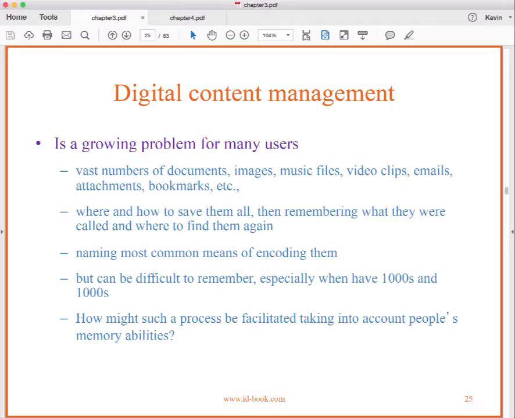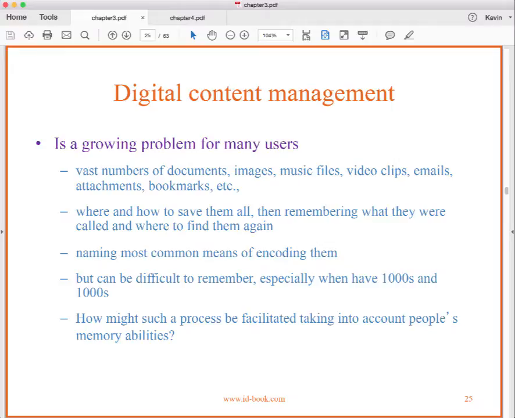And it was effective for the users because they were used to it, but it probably wasn't very sophisticated digital content management. But it was a way to solve the problem when the only tool was a file name.